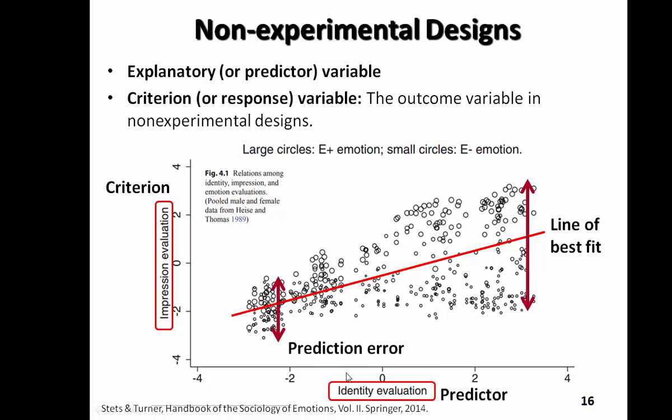And so as the identity value changes from negative to positive and to a greater value, the prediction error increases and the predictive power slowly starts to decrease. And so there are statistical methods that can be used to quantify that changing decrease in predictive power as illustrated by the increased scatter.